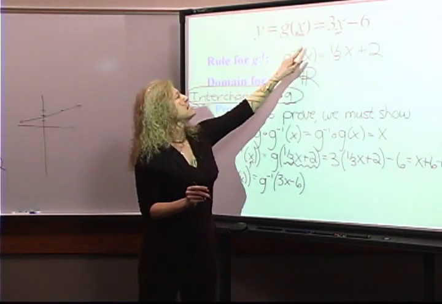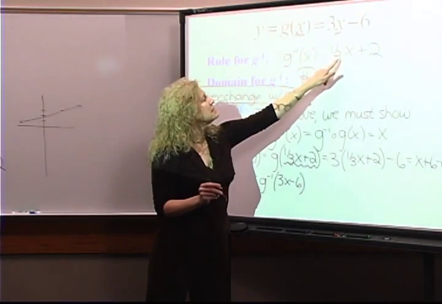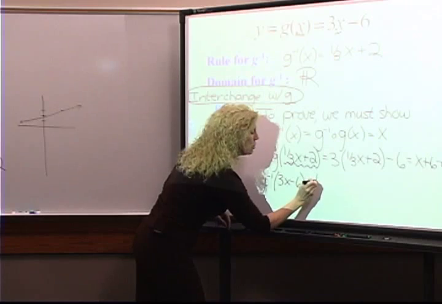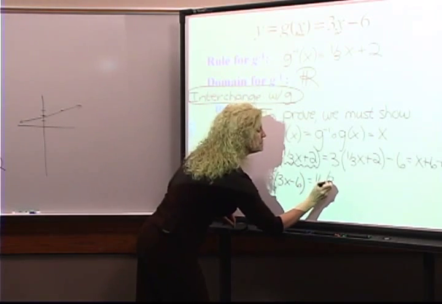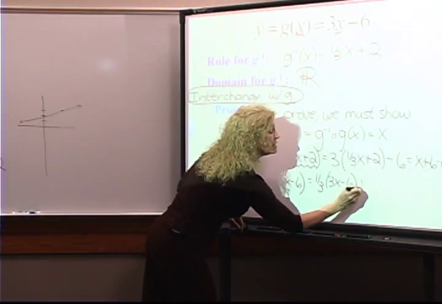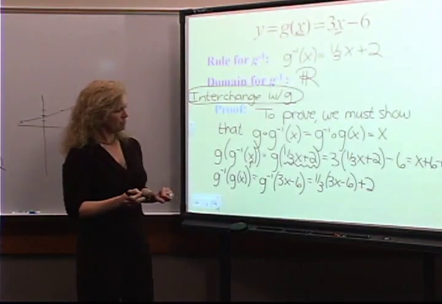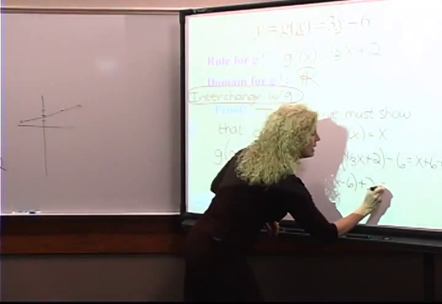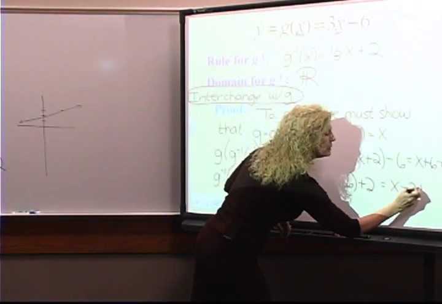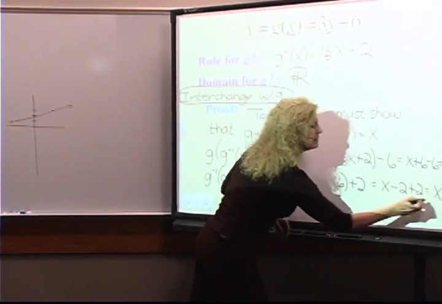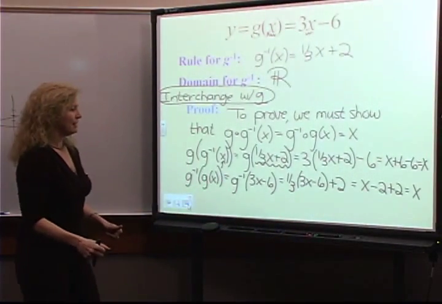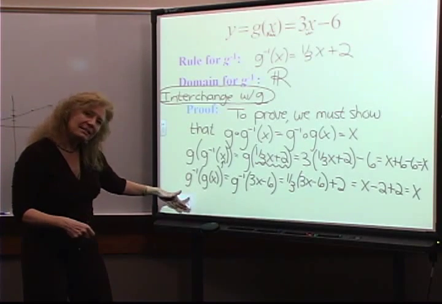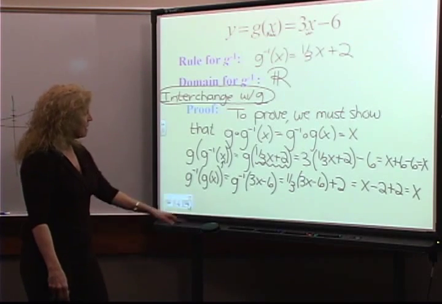And the inverse says whatever your input is, multiply it by 1/3 and add 2. So 1/3 times 3x minus 6, plus 2. And if you distribute, you would get x minus 2 plus 2. Woohoo! I get x.